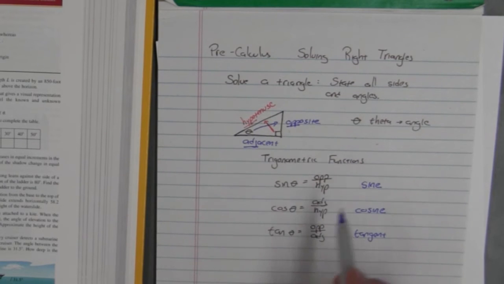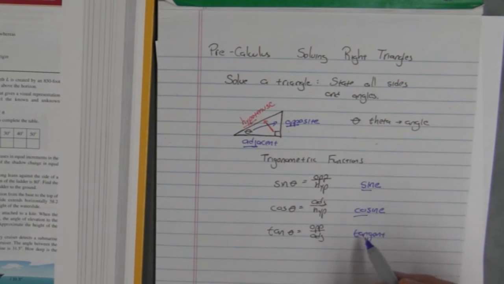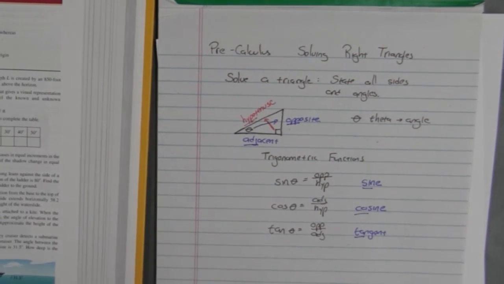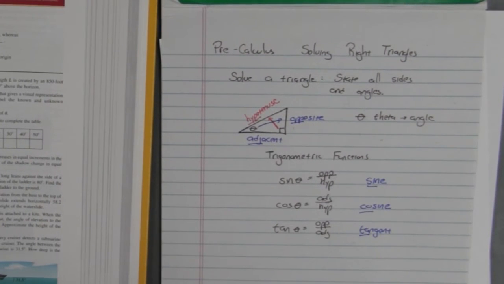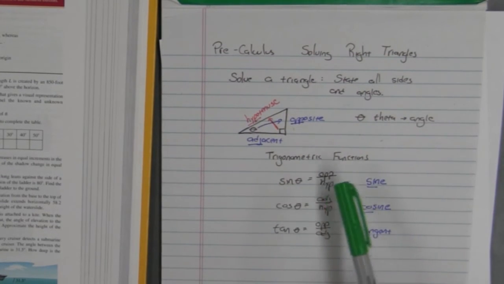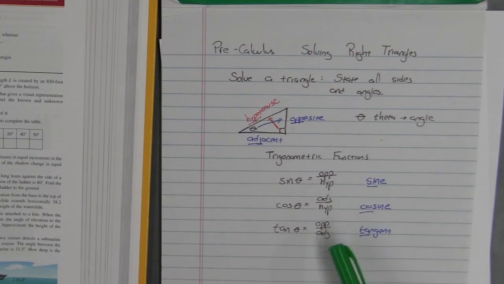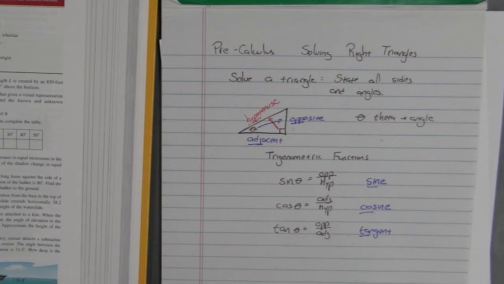We're just going to use these three-letter abbreviations for sine, cosine, and tangent. We have to memorize this. No matter whose math class you are in, you have to memorize that sine is opposite over hypotenuse, cosine is adjacent over hypotenuse, and tangent is opposite over adjacent.